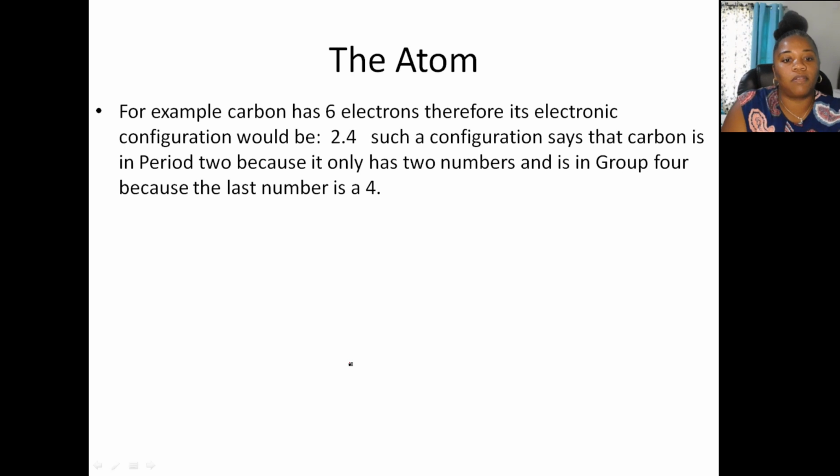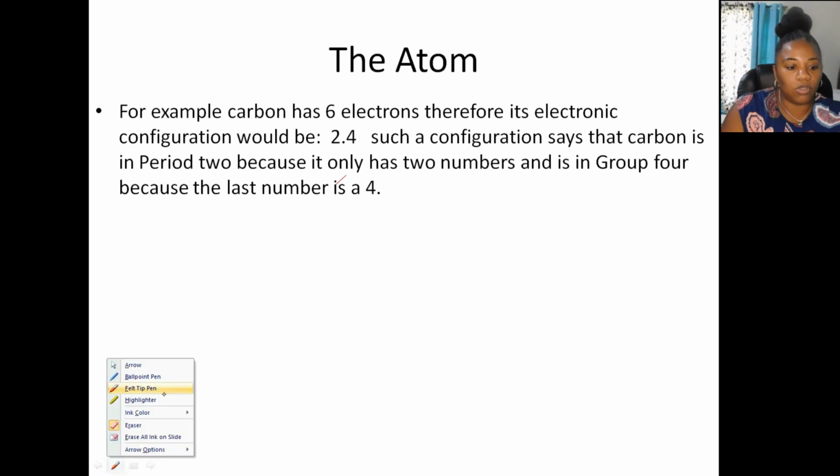For example, we have carbon. Carbon has 6 electrons, so therefore it would have 6 protons, right? So it's 6 protons, because we know protons and neutrons are found inside of the carbon atom. Note well that what we're going to do is, let me clean this up. We're going to do this again.